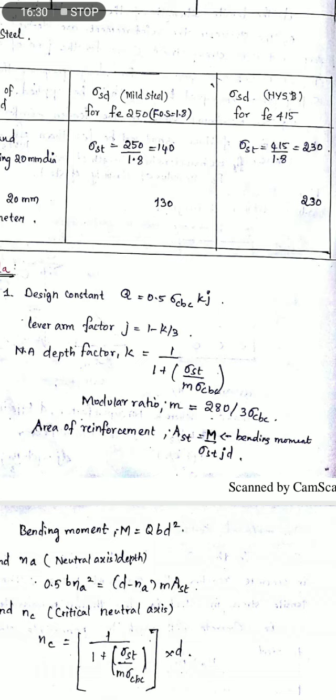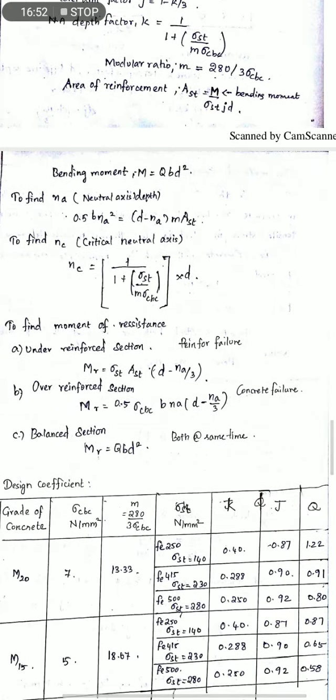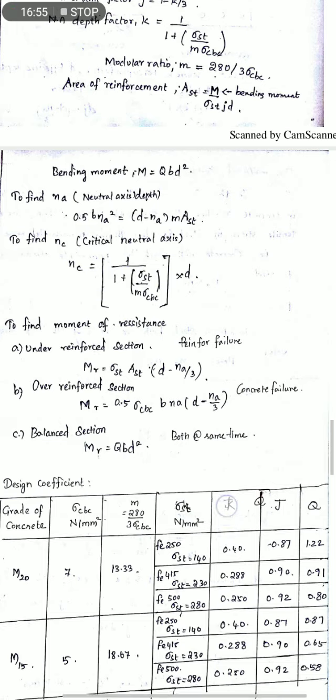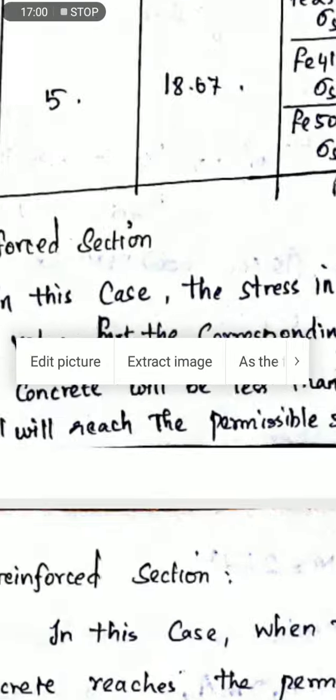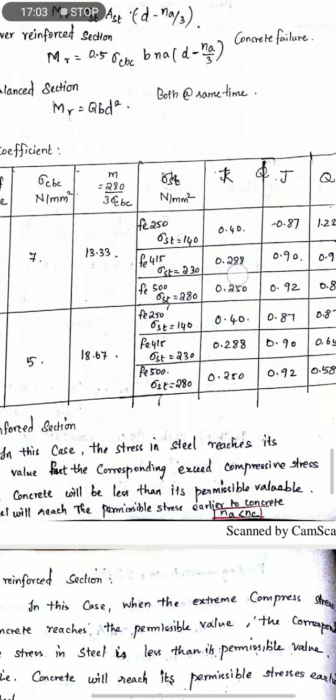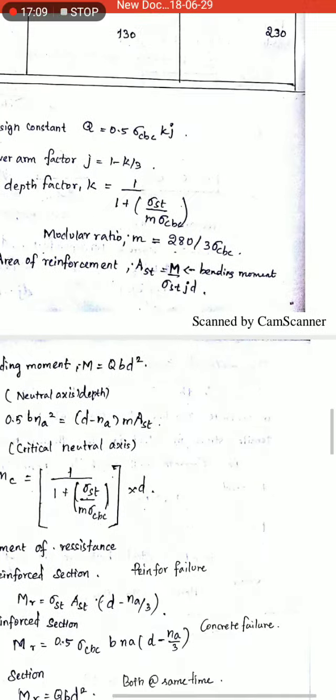This is the most important formula, which will help you in attending various examinations, that is 280 divided by 3 sigma cbc. Then bending moment equals M equals Q b d square. This is the table; those values, that is sigma cbc, m, k, j, Q, are arrived at from this formula.